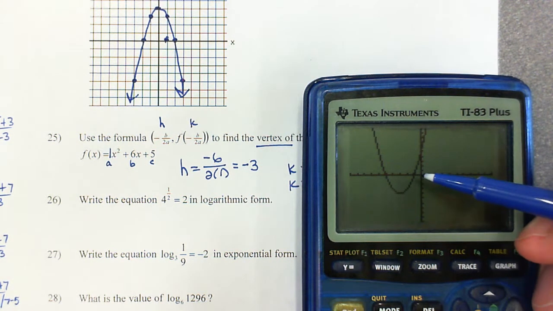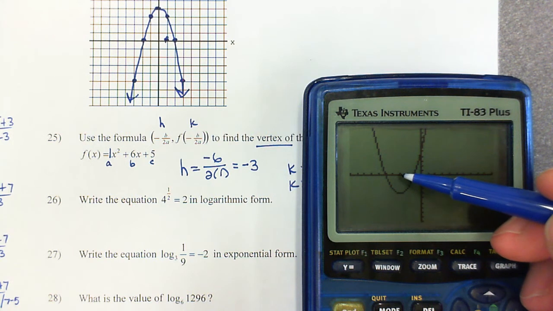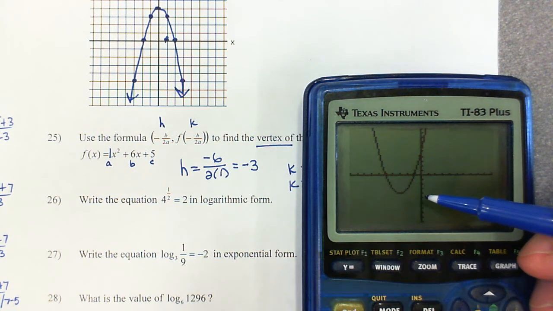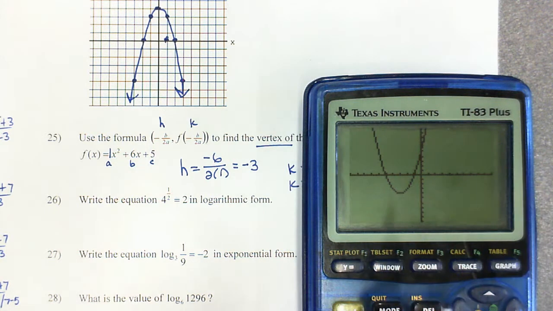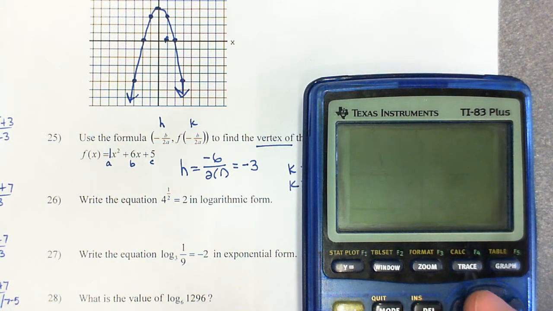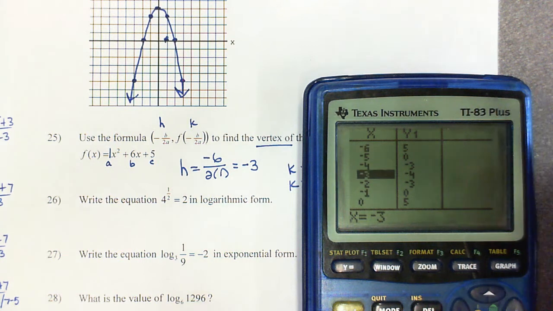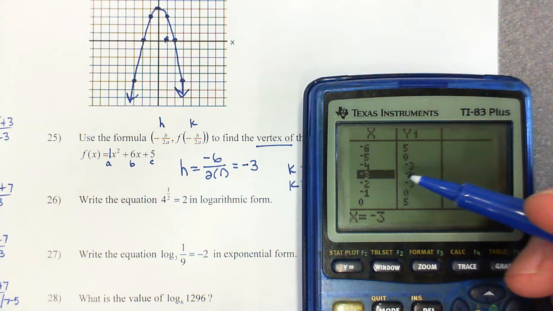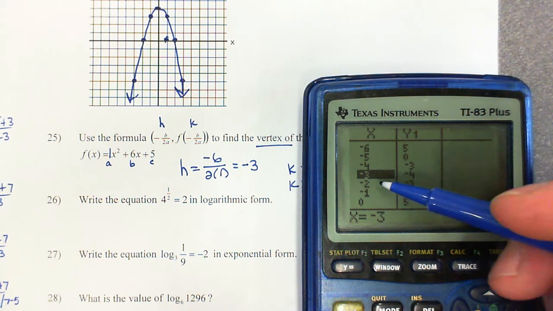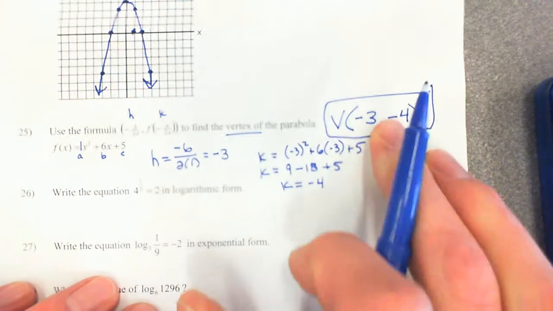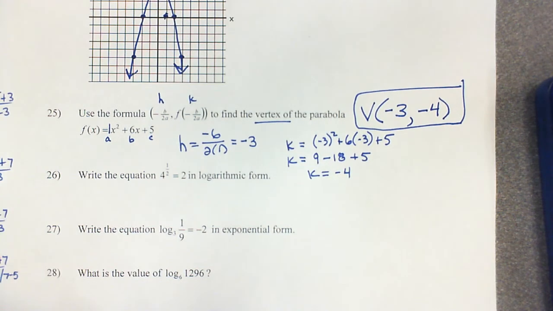And look to see where we think our vertex is at. 1, 2, 3. Looks like it's -3. 1, 2, 3, 4. Maybe 4 or 5. So let's go to x equals -3 in the table. Does it look like it was x equals -3? And sure enough, look, -3, -4, that's in the middle because all the y's are matching up on each side. So there's your vertex. Okay?